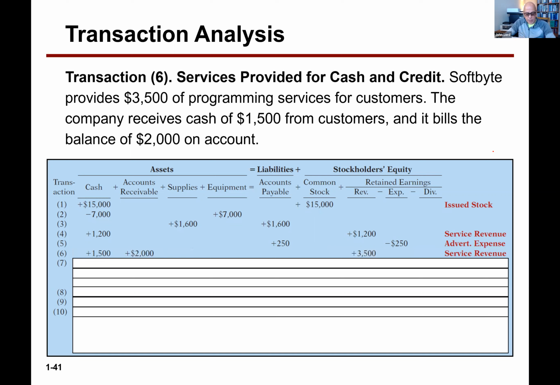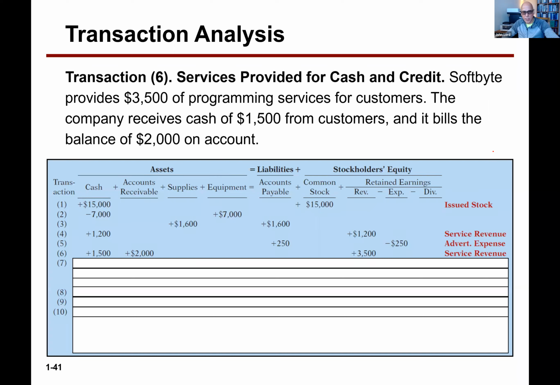So notice something here. I go ahead and I take the revenue because I've provided the service. What causes me to report that I have earned a revenue and I'm going to put it on my income statement is not the receipt of cash necessarily. It is the providing of the service. I only got 1,500 of the cash, so the cash goes up, and the remaining 2,000 goes into my accounts receivable to increase that.